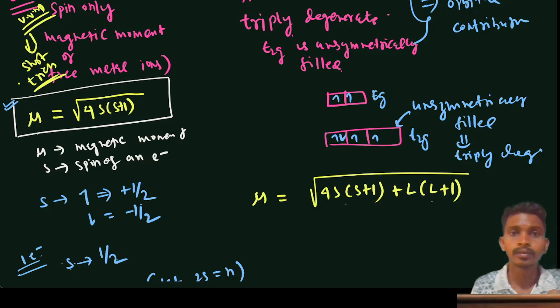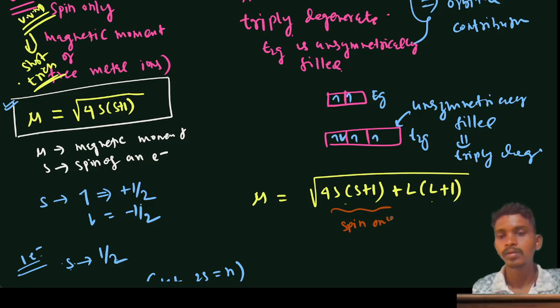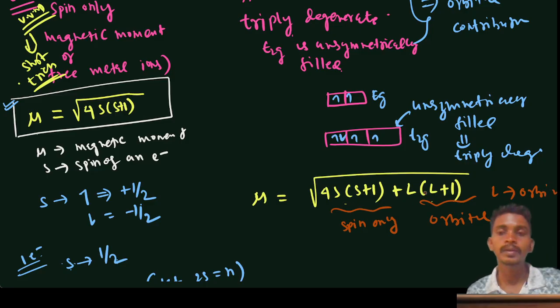This is spin only, and this is orbital, because this L represents orbital angular momentum, so this orbital angular momentum will come if it is unsymmetrically filled.